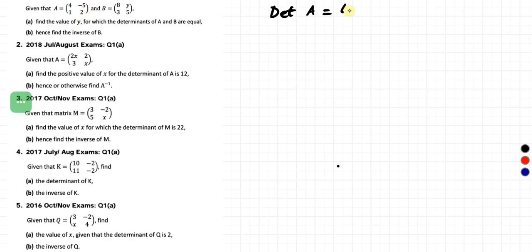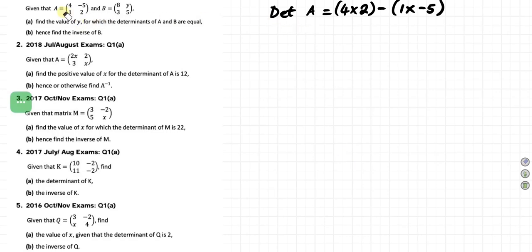So you say 4 times 2, okay, these in brackets, then minus, then you say 1 times negative 5, open brackets, 1 times negative 5. So this is how you get the determinant.